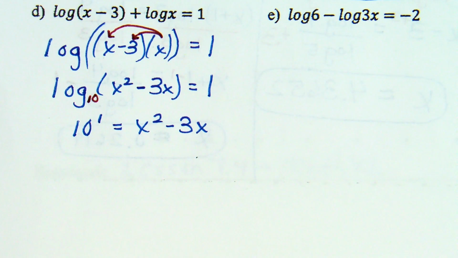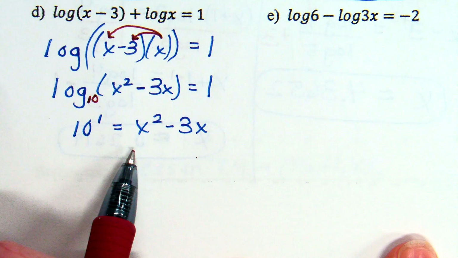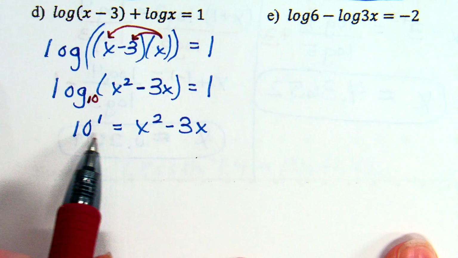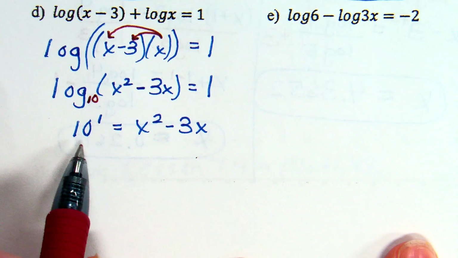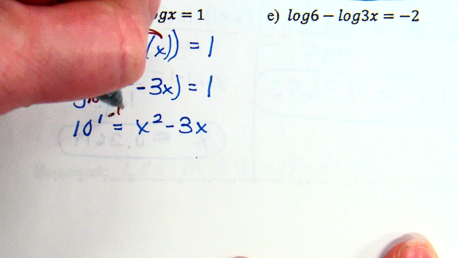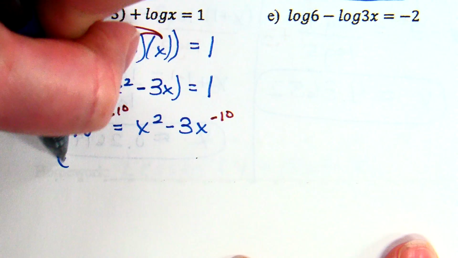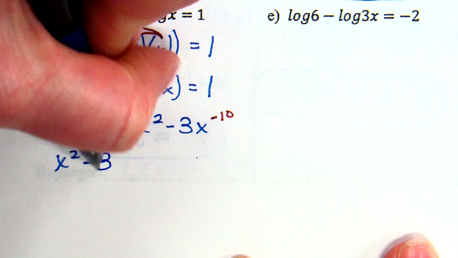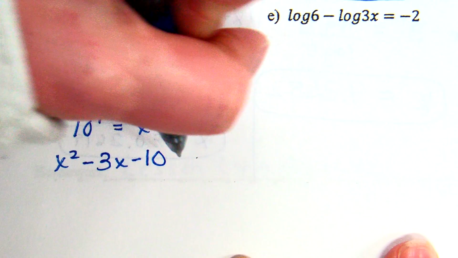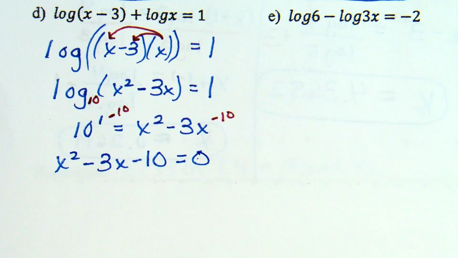Okay, so make this equation equal to 0. So if I make it equal to 0, I'm going to keep the x squared minus 3x where it is. 10 to the first is just what? 10. So I'm going to subtract the 10 over. So now I'm going to have x squared minus 3x minus 10 equals 0.